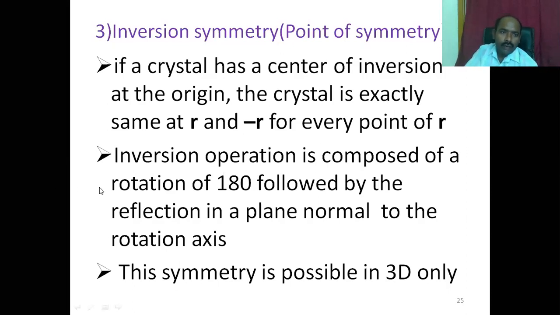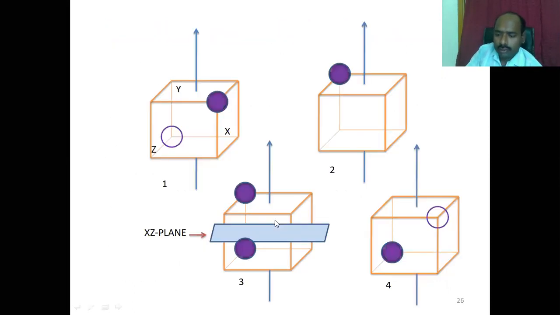Now I will try to explain how the inversion operation is a combination of rotation by 180 degrees followed by reflection about a plane perpendicular to the axis of rotation. Here I have taken one cube, and I have identified a lattice point here.